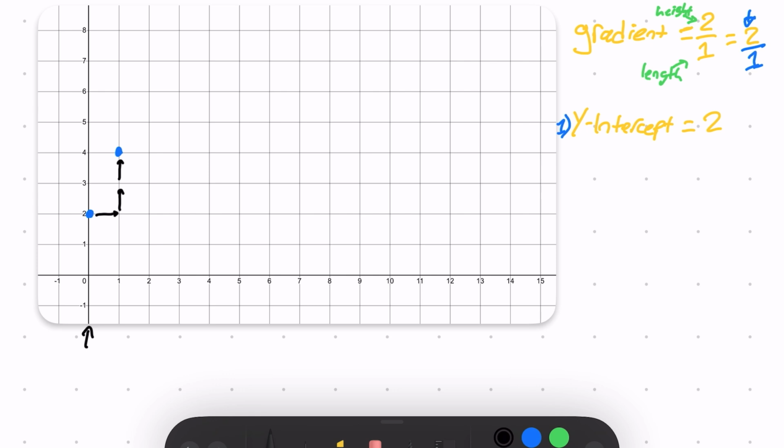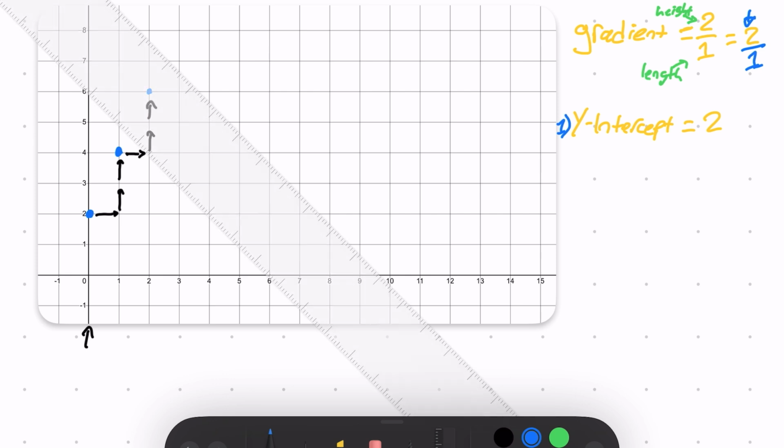Now, I always say that we should do this a couple of times, so let's do it one more time. From our second blue dot, we will do the same thing. We will go over the length of 1 square, and we will go up 2 squares. And we will put another dot right there.